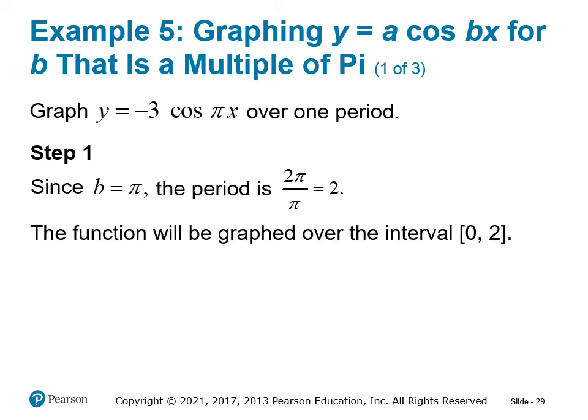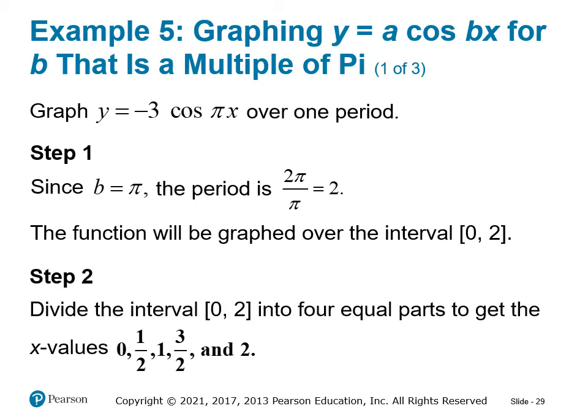The next thing we're going to do is figure out those 4 intervals, right? Finding those 3 midpoints by multiplying the period, which is 2, by 1/4, 1/2, and 3/4. And we get these values.